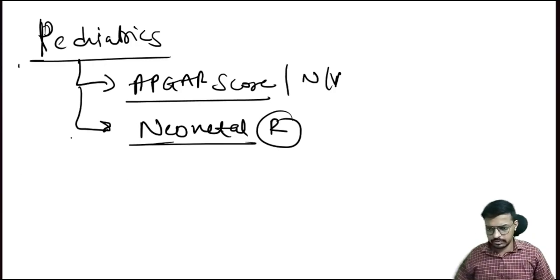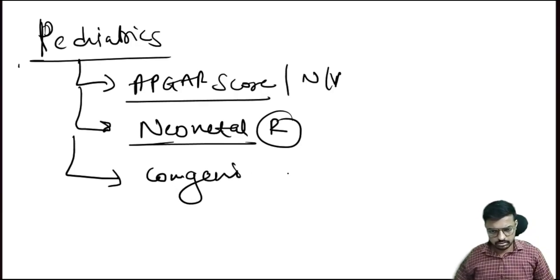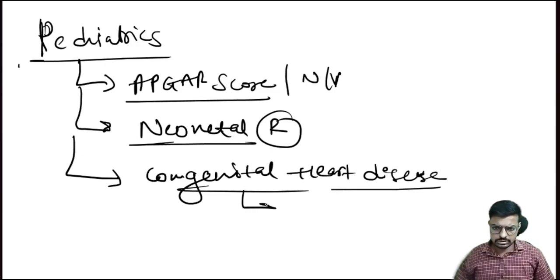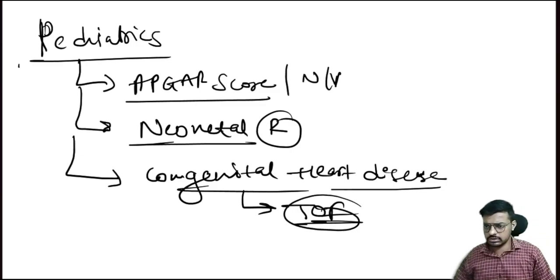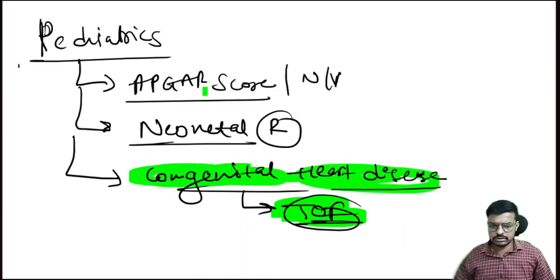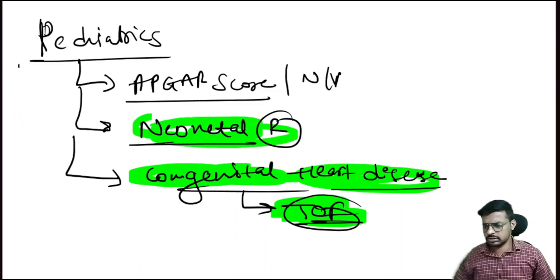Then again never missing, congenital heart diseases. If you don't want to study all, at least study one thing, that is tetralogy of Fallot. If you don't have time and just want to revise one thing, revise tetralogy of Fallot, the most important congenital heart disease, and neonatal resuscitation must be revised.